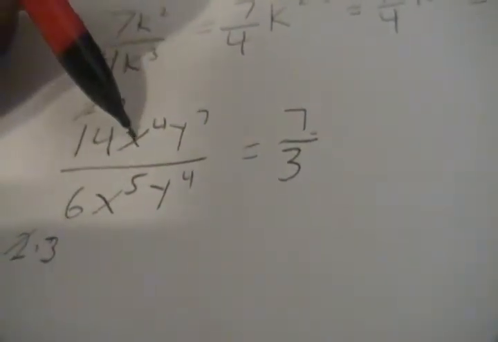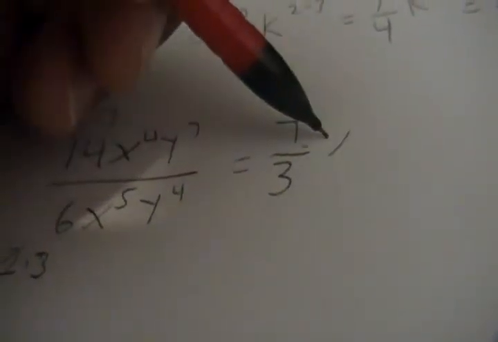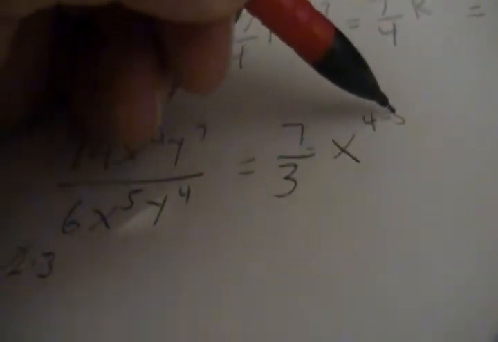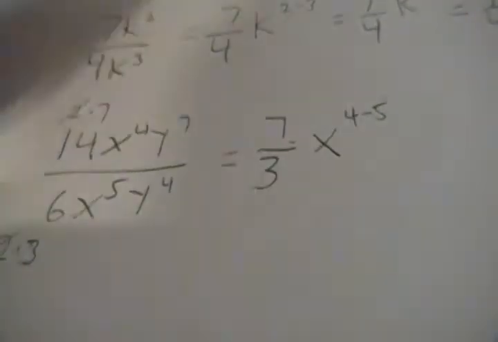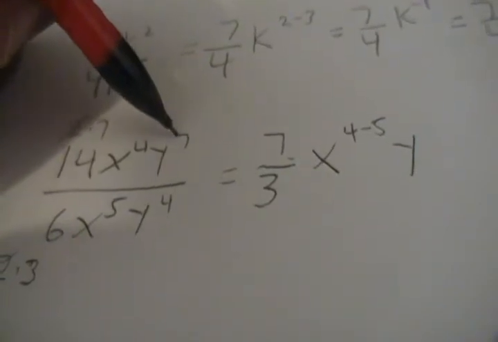Now we have x's, so we have like bases, and we can subtract the exponents. That becomes x to the 4 minus 5 power. And then we have y's, which also have like bases, so you can subtract 7 minus 4.